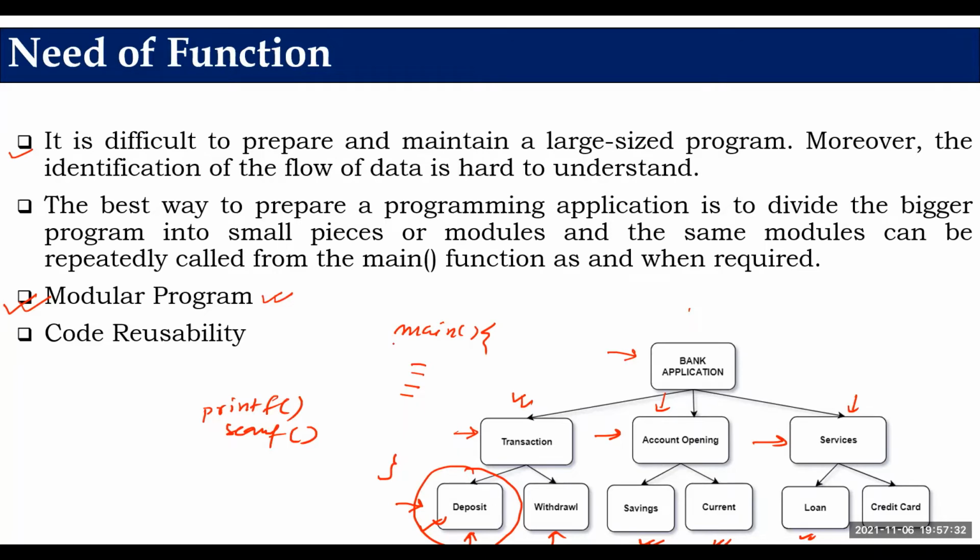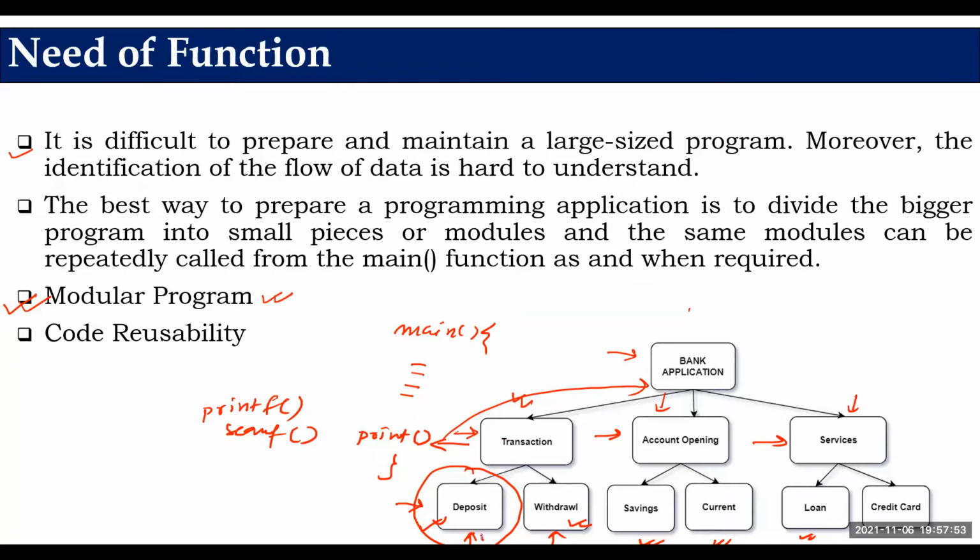And another benefit is that suppose you have designed a function called print function for that particular bank application. I can use this print function in the withdrawal module. After withdrawing an amount from the bank, I need to update my passbook, so I can call the print function.